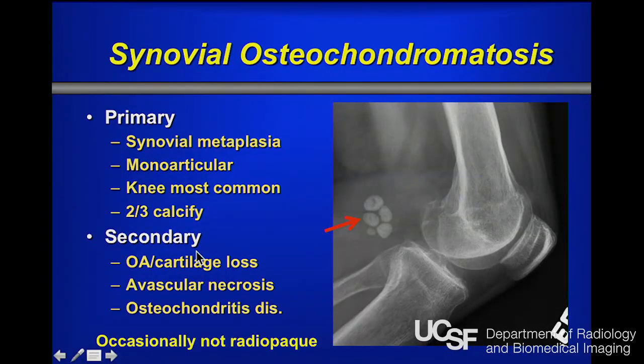Now, most of the time we see synovial osteochondromatosis related to secondary degenerative changes. It's secondary either to osteoarthritis, to cartilage loss, and may be associated with avascular necrosis or osteochondritis dissecans.